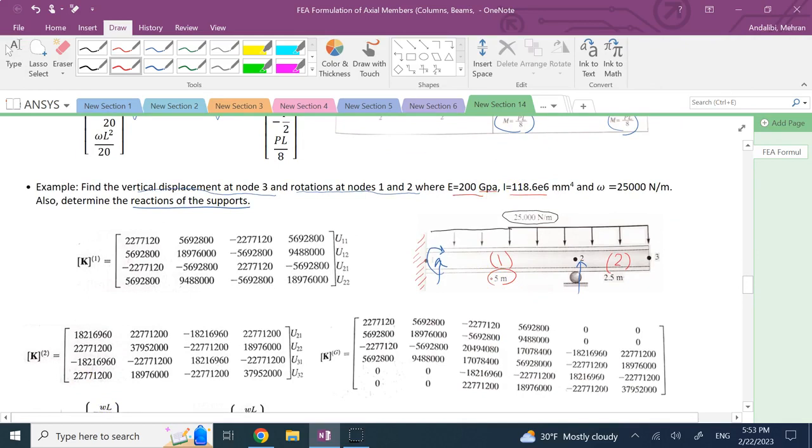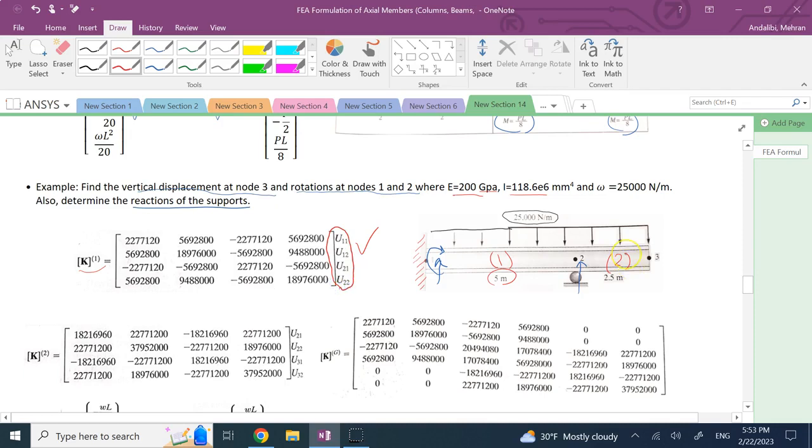So if you plug them into that formula, this is going to be K for element 1. And this is for which displacements? For U11, U12, U21, and U22, where the first subscript is the node and the second one is the degree of freedom. 1 means vertical displacement, 2 means rotation. Okay, so this is your element 1.